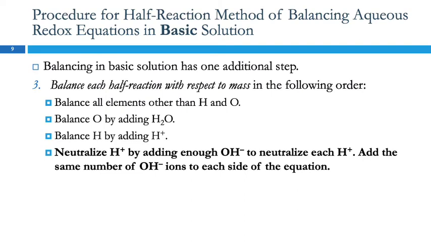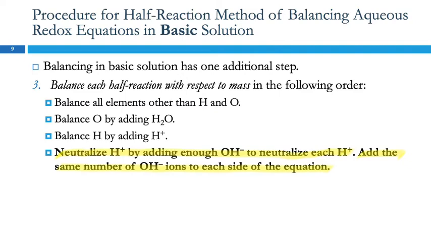What if the solution's basic and not acidic? We have to add one thing. So we're going to neutralize hydrogen by adding enough hydroxide to neutralize the hydrogen ions, and then we'll add the same number of hydroxide ions to each side of the equation to do that. So we'll go through the whole balancing thing.